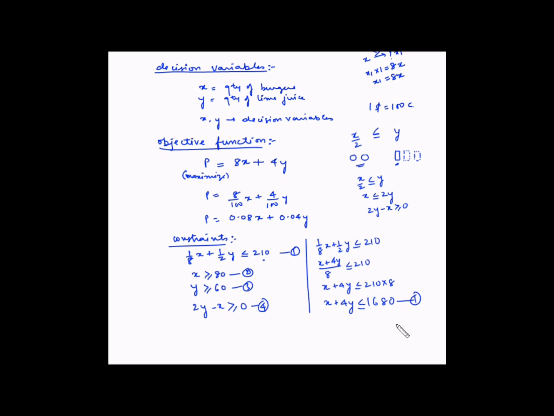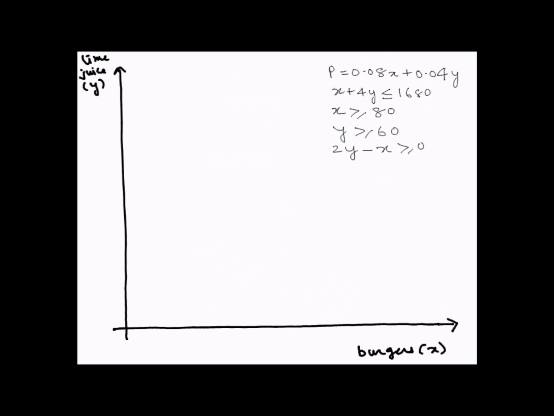So let us now plot these constraints to see the feasible solution region and then work our way towards finding the optimal solution. To plot the graph for the 4 constraints, let us assume that the horizontal axis, which is the x-axis, represents the quantity of burgers, and the vertical axis, which is the y-axis, represents the quantity of lime juice.